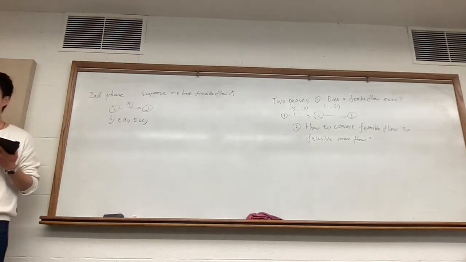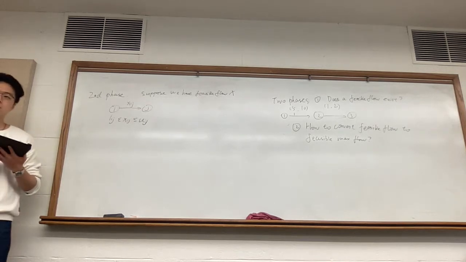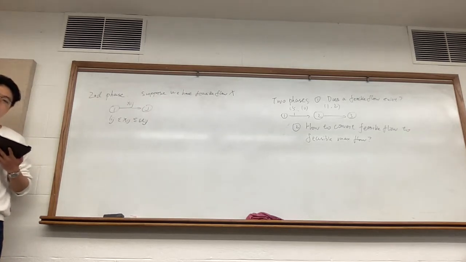Any idea? So I'll give you a hint. The hint is that in the max flow algorithm, you are told to construct a residual network, right? So what does the residual network tell you?